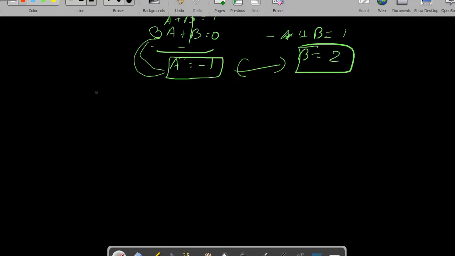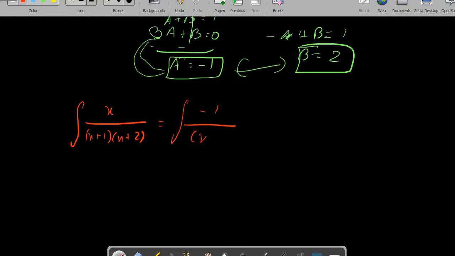In place of x upon x plus 1 into x plus 2, we would write this whole expression using the new values. Instead of A, we write minus 1 upon the denominator we previously wrote above, you can check it by going back in the video, and 2 upon x plus 2, and dx everywhere.